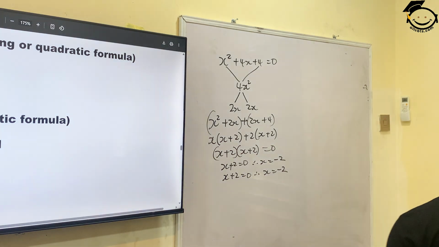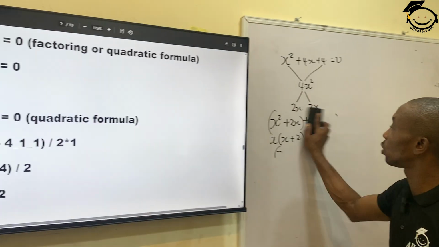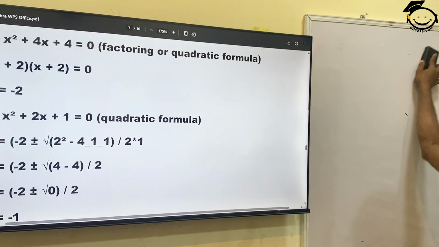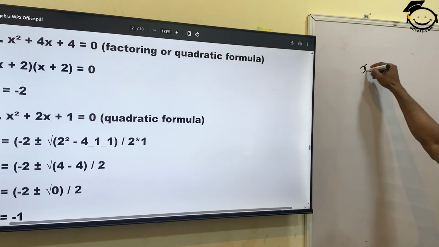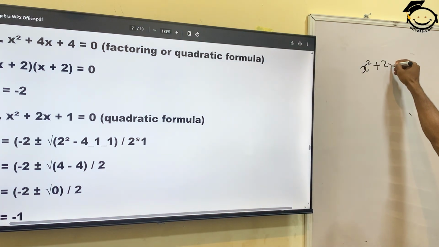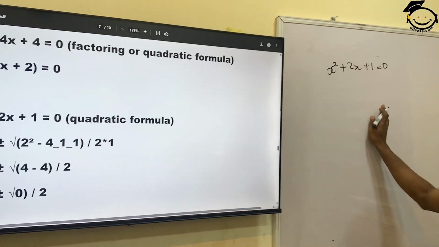Now let's look at application of our quadratic formula, in a situation where our question is x squared plus 2x plus 1 equals 0.